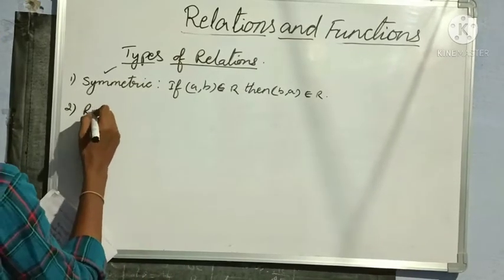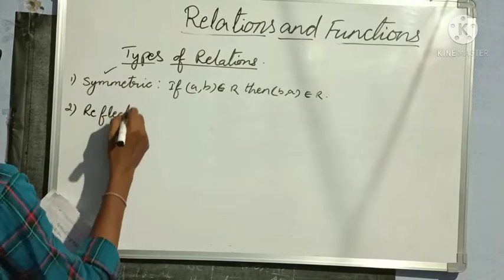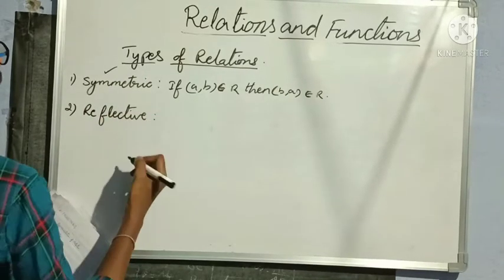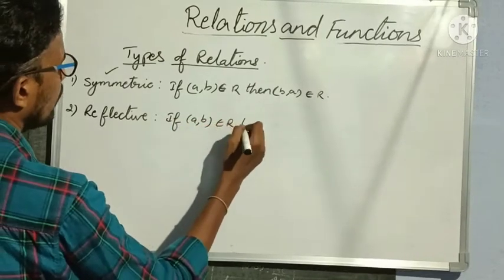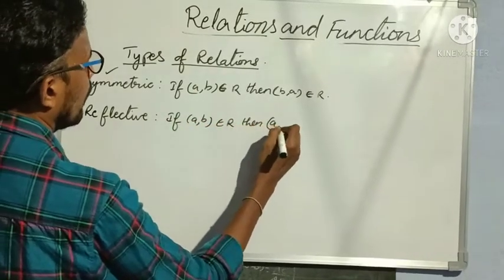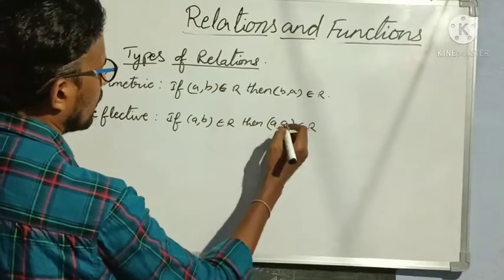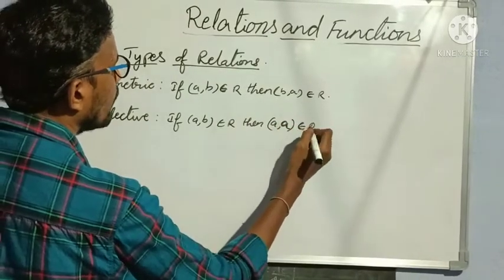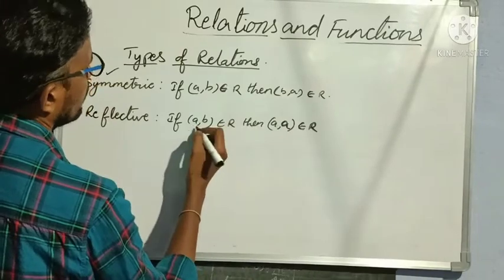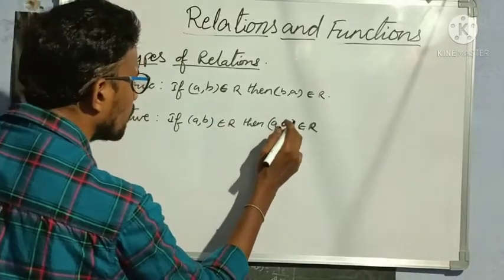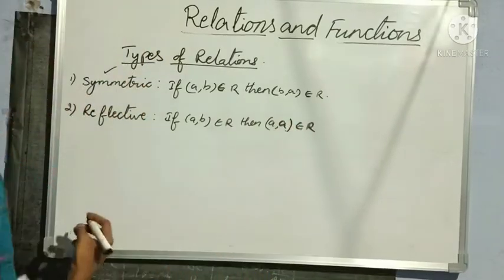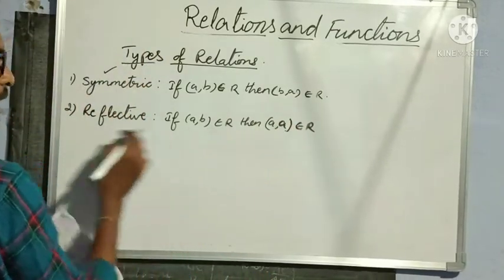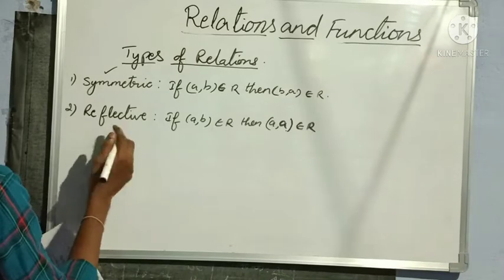Next one is reflexive relation. So what is reflexive? If (a, b) belongs to R, then (a, a) belongs to R. Means here the image of a should be a itself but not b. If such an element exists in a relation, then that relation is called reflexive relation, if not, not reflexive.